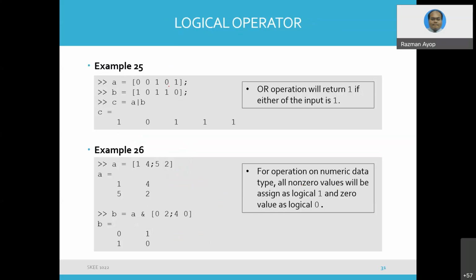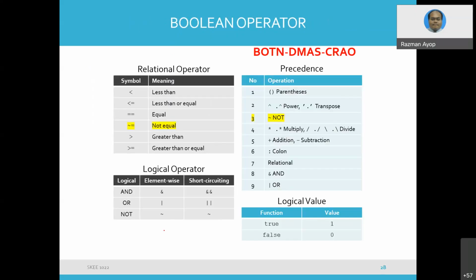How about this? I think you know the OR operation. This one, 0 to 1, is OR. Recall back here: if you want to use OR, you use this one at the top of Enter, between Enter and Backspace.